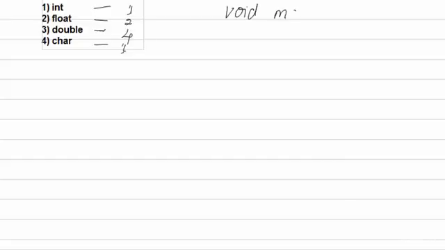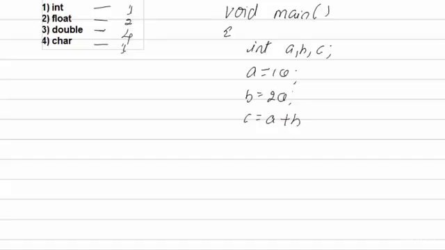Then usually we declare integer variables by giving int a comma b comma c. Then we give a is equals to 10 and b is equals to 20, and then c is equals to a plus b, and then display the result by giving printf percentage d, c.